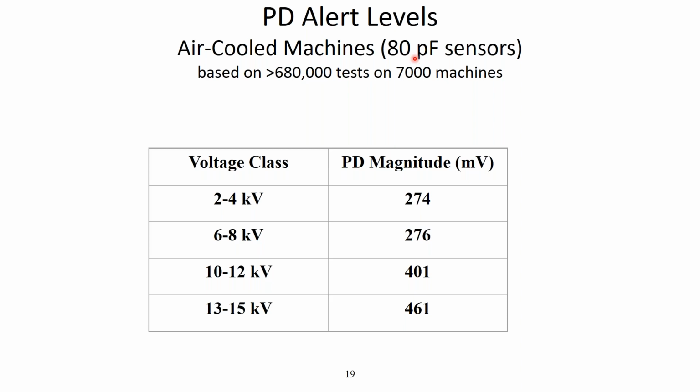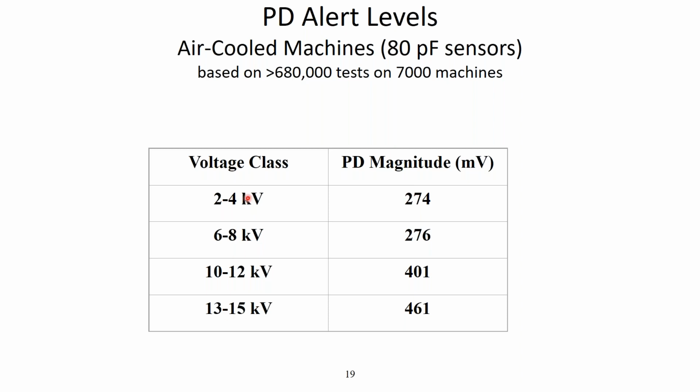So that can't be incorporated into our database. But based on those 680,000 test results on about 7,000 machines, we've been able to create statistical distributions of the PD, and we found that if your PD on your type of machine is higher than 90% of other similar machines, that means voltage rating and hydrogen pressure, that typically if we open up the machine, we will see a significant insulation problem.